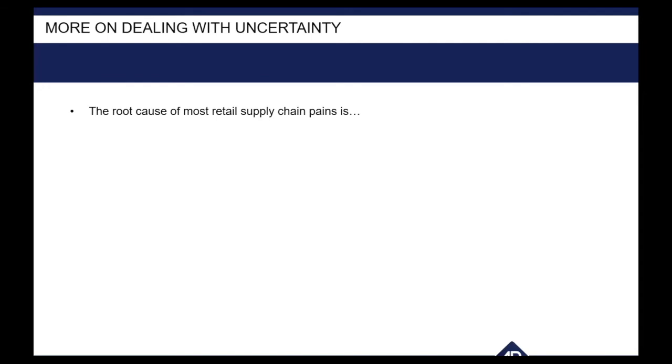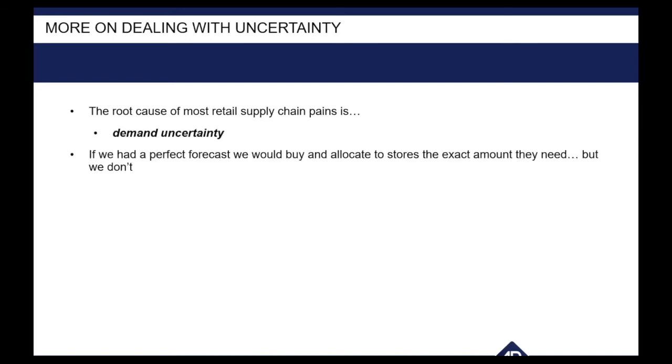So let's talk about uncertainty a little bit more. Like we said, the root cause of most retail supply chain pains is demand uncertainty. There is this idea of a perfect forecast. Well, a perfect forecast does not exist, not because we don't have techniques, or there is not enough computing power.